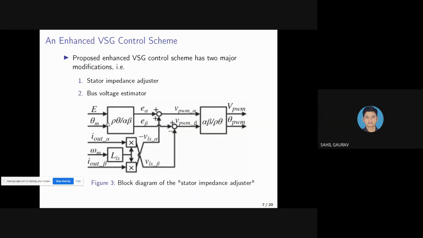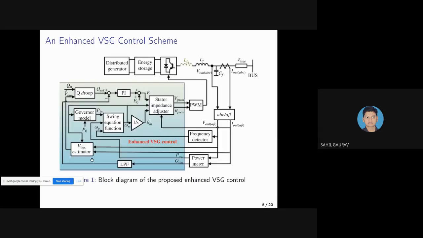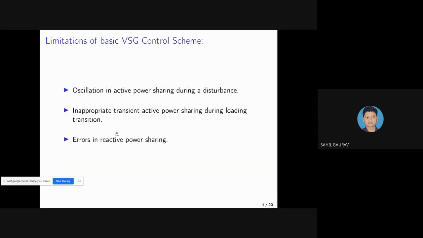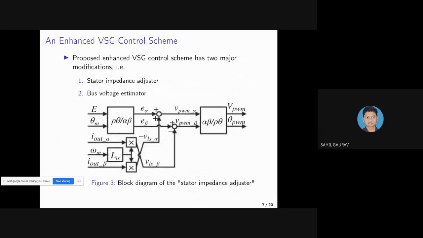This is the measured output voltage in the alpha beta stationary reference frame, and omega m is the angular frequency, the reference angular frequency given by the swing equation function block. E and theta m are the reference phase voltage and angle given by the swing equation function block.